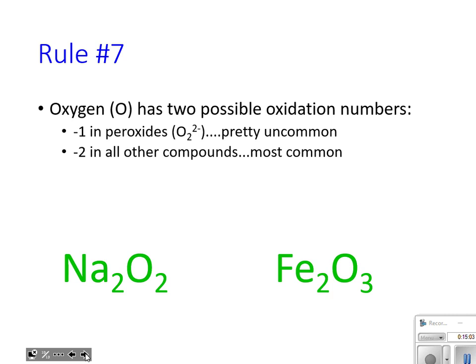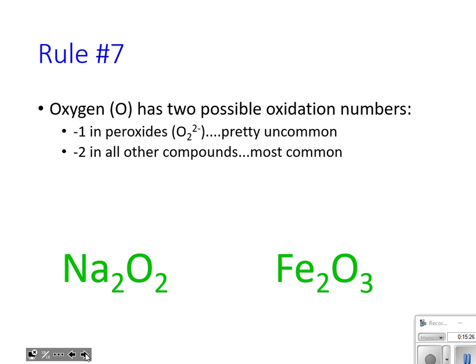And as I told you, we've discussed peroxides before. Peroxides are pretty uncommon. The most common ones I've seen are the very first 3 elements in group 1: hydrogen peroxide, lithium peroxide, sodium peroxide. Those are the ones that I see the most.